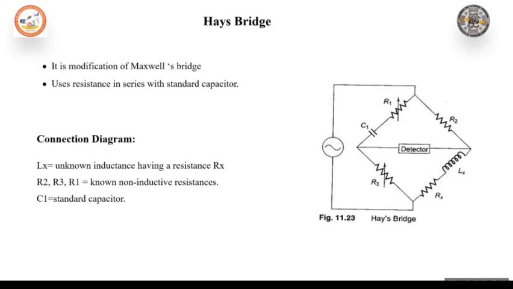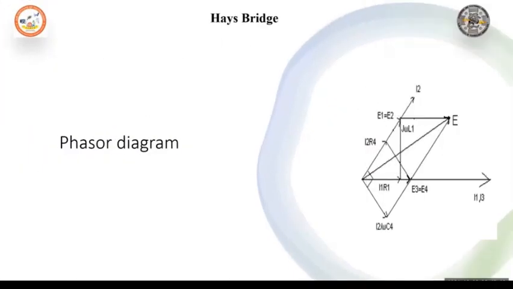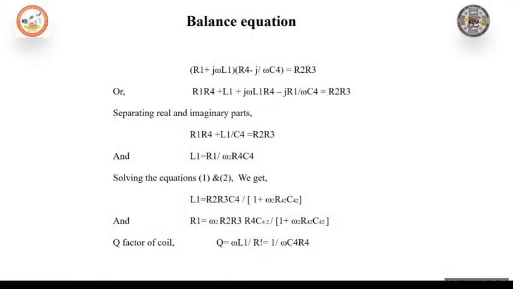So at balance condition, what happens? Looking at the balance equation, Z1 into Zx will be equal to Z2 into Z3.